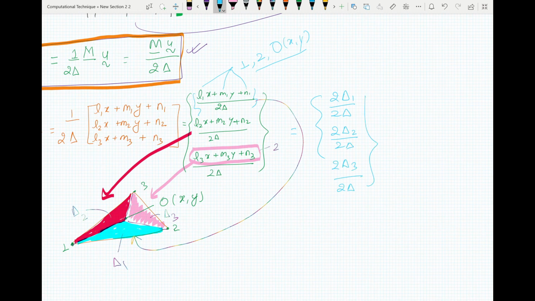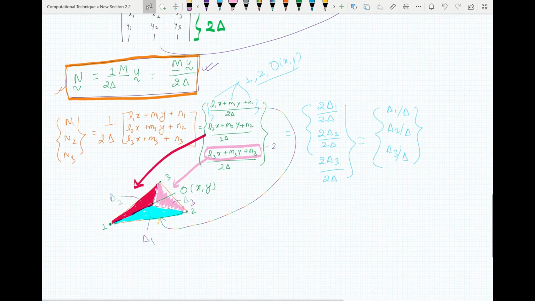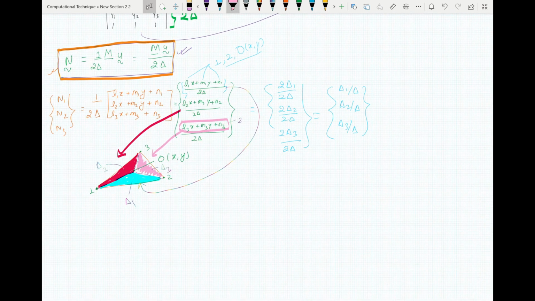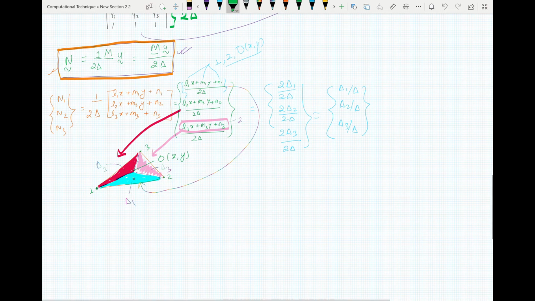When you cancel these out, you get delta 1 by delta, delta 2 by delta, and delta 3 by delta. Now you see the shape functions here are the ratios of the subtriangles found by the location you are going to find your solution, divided by the total area.